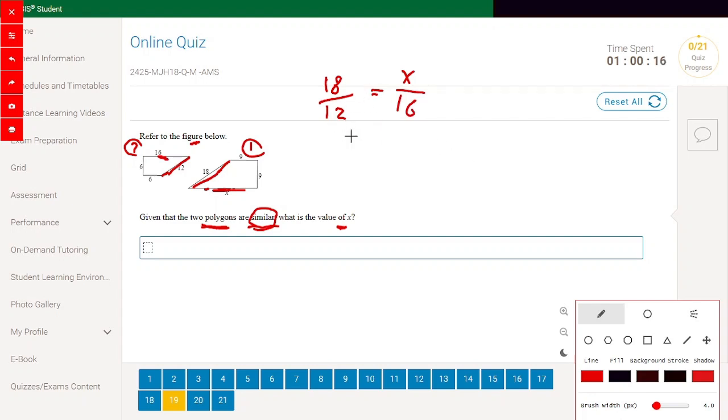Right? So let's simplify. So here, by 3, 18 equals 6 and 12 equals 4. By 3, 12 equals 4. Here also by 2, 4 equals 2, by 2, 6 equals 3. So I have 3 over 2 equal to x divided by 16.